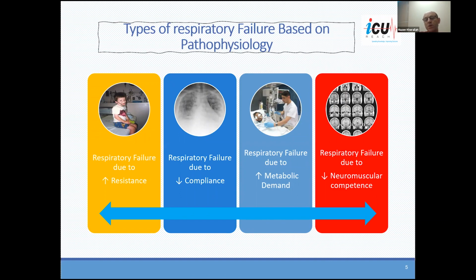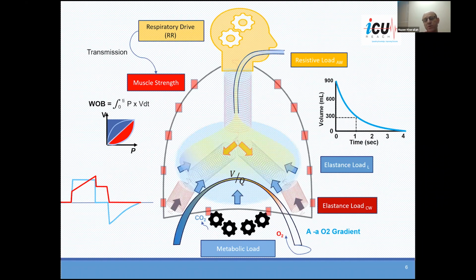The third would be respiratory failure secondary to inability to meet the metabolic demand of the body. And the fourth one would be where the loads are normal, however, the patient has a problem with the neuromuscular competence. So I'm going to take those examples one after the other.